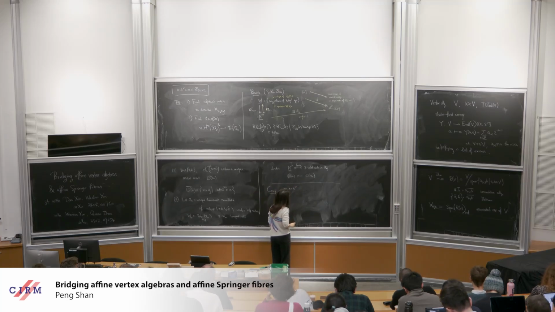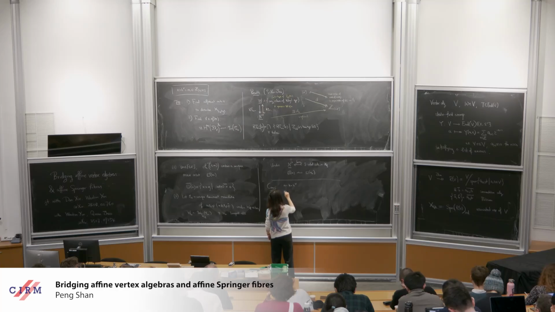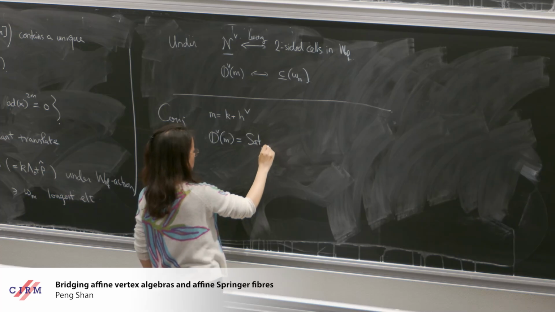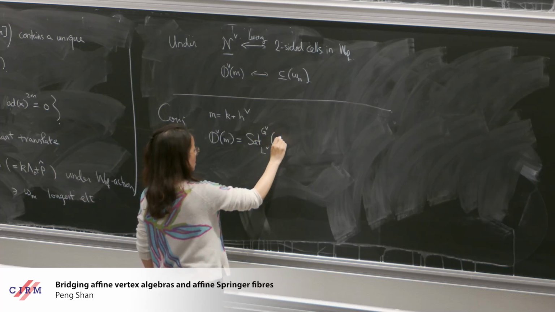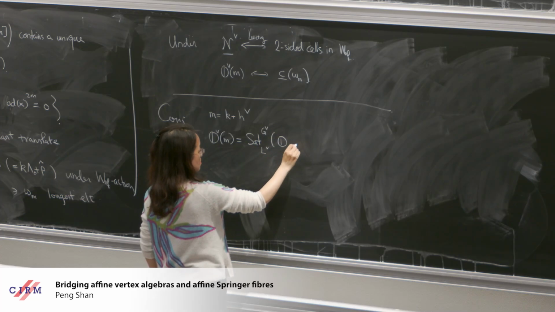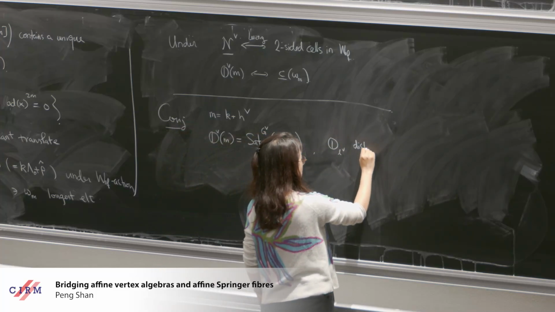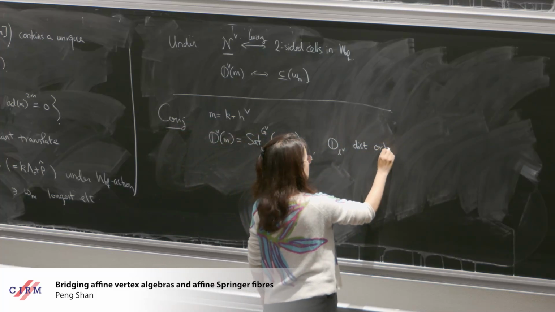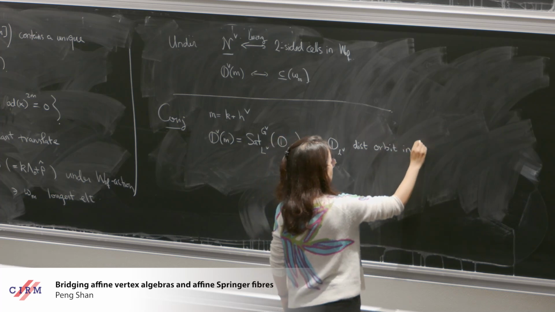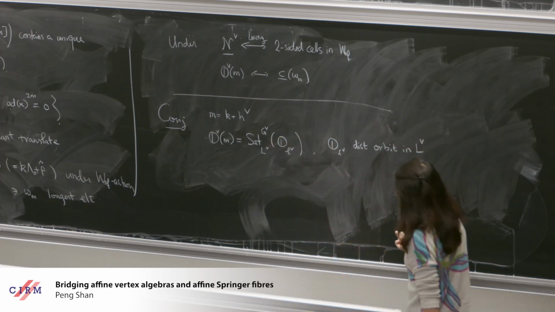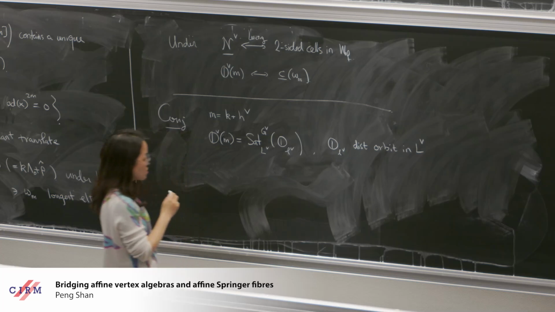And so what we do, you first write this orbit as a saturation from a Levi of g check of a distinguished orbit in the Levi. So O_L check is a distinguished orbit in l check. So this is by the Bala-Carter classification. You can always do this.